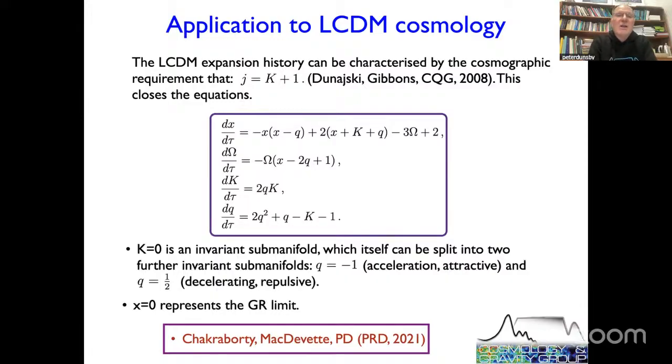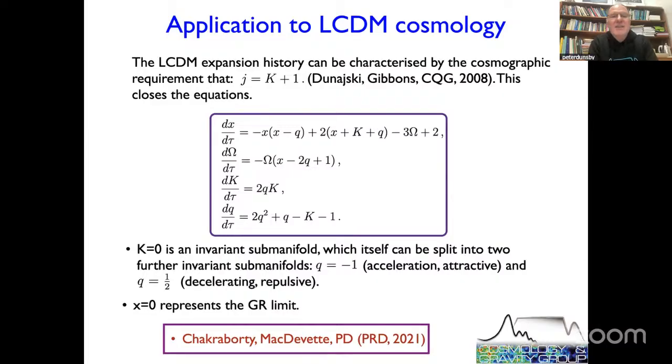And j is equal to 1 becomes now j is equal to K plus 1, where K is the expansion normalized spatial curvature. Because you now have pinned down what j is, you've imposed a cosmographic constraint on your expansion history, you can close your full set of equations, without having to specify what f of R is, what your gravitational theory is.